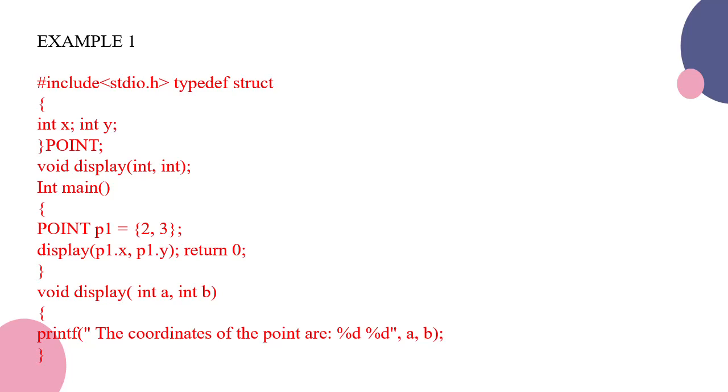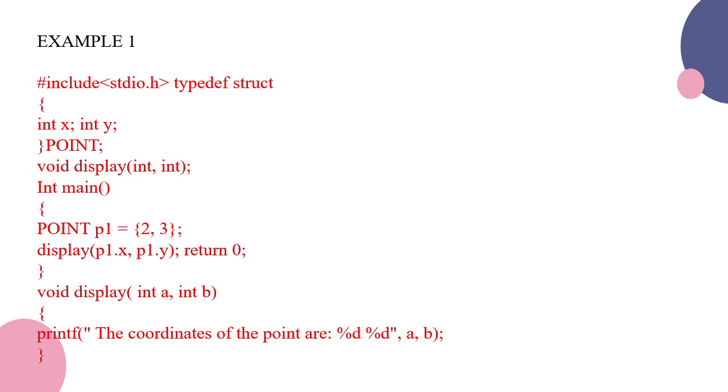The struct point consists of two variables x and y, and the user-defined display function takes two integer values, declared as void display of int comma int. The void in front of the display declaration shows that the function does not return any value.